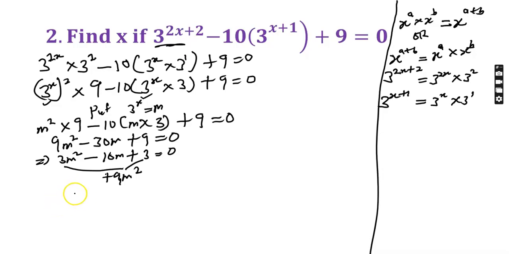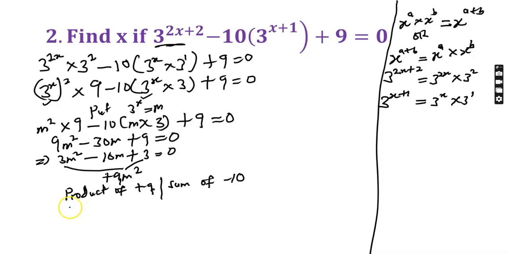So that's a case of product of plus 9 and the sum of minus 10. So think of two numbers that when you multiply them together, you get plus 9, and when you add them together, you get minus 10.